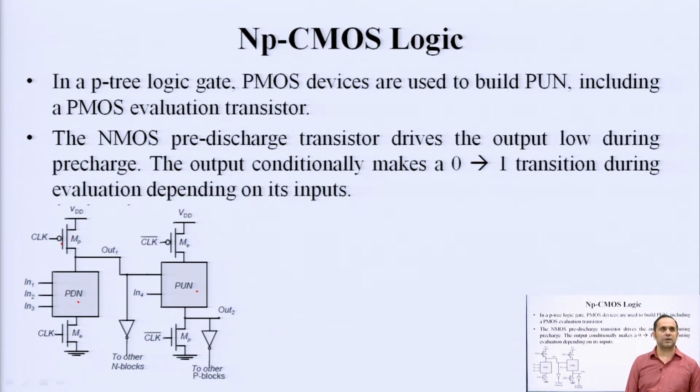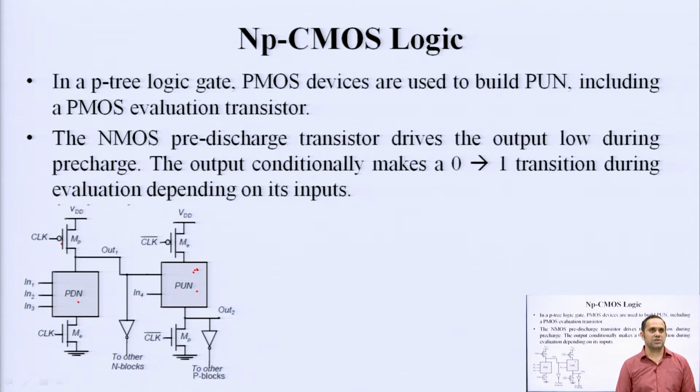In a p type or P tree logic gate, PMOS devices are used as pull up network like we do normally, including a PMOS evaluation transistor also. So here at this point evaluation is also being done by a p type transistor. We are taking the advantage of the complementary nature of both n type and p type.